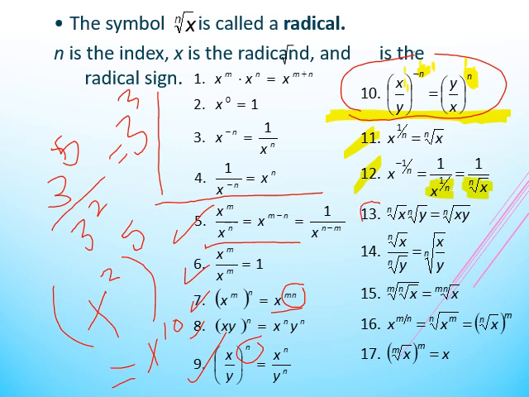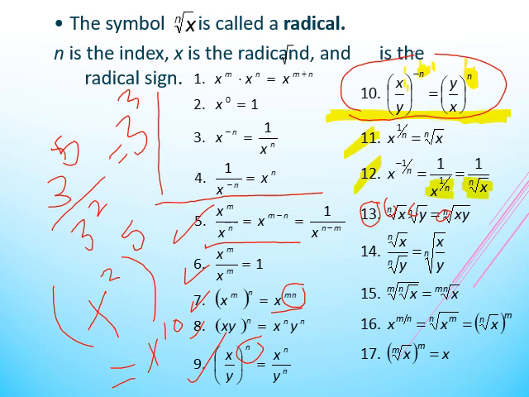Number 13: if we have two different bases with a common index n, the same index but different bases, we can multiply the bases by each other and take the index as a common factor.